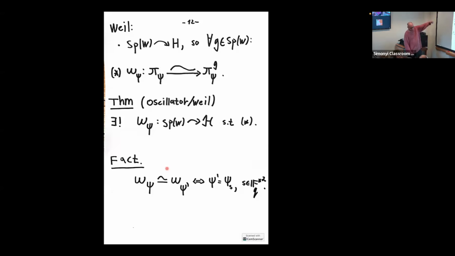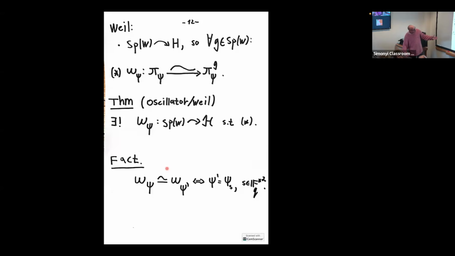So you put a square in the exponent, and you call it psi prime. You do the same yoga, you get an isomorphic representation. So if you take a non-square, you get ones that are not isomorphic. So you have two of these, each of dimension q to the n.